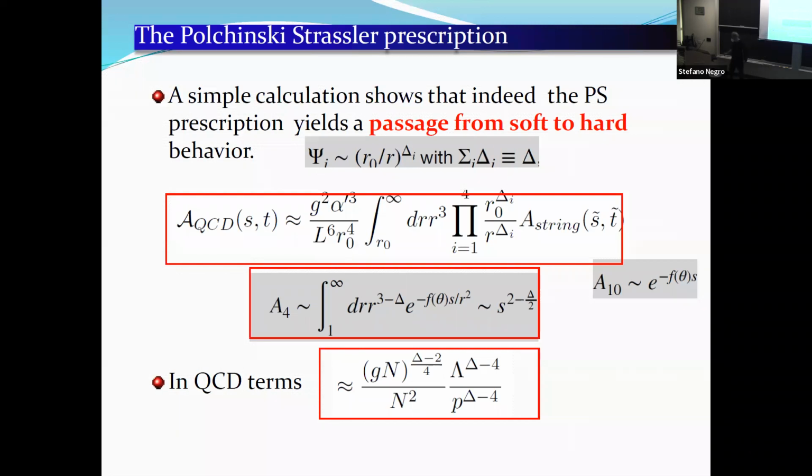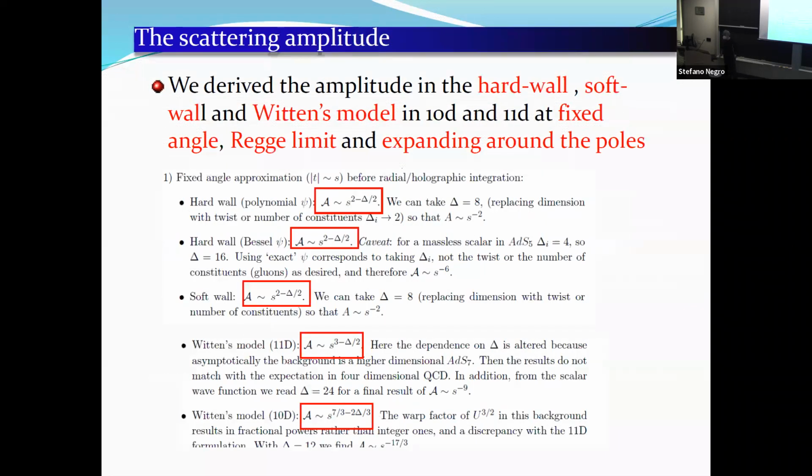And I just mentioned that we've done this type of calculation for the hardware model, the software model, and Witten's model, and we got this kind of behavior in all the results. It was not always the same final result, but it's of a partonic nature.